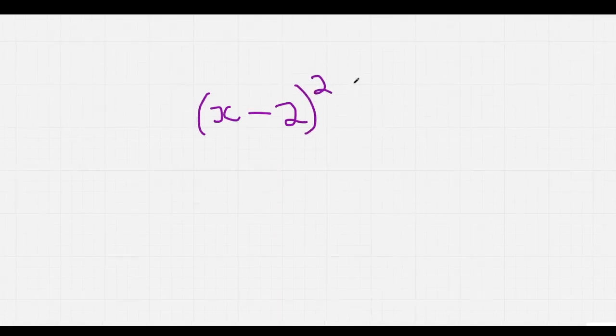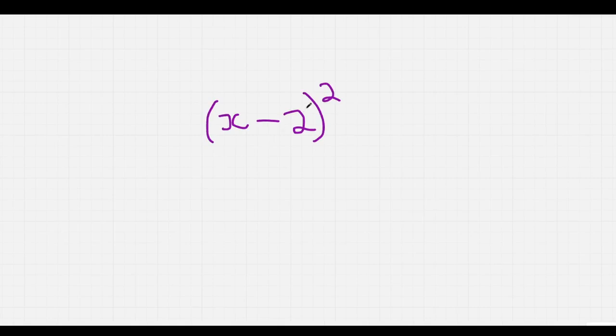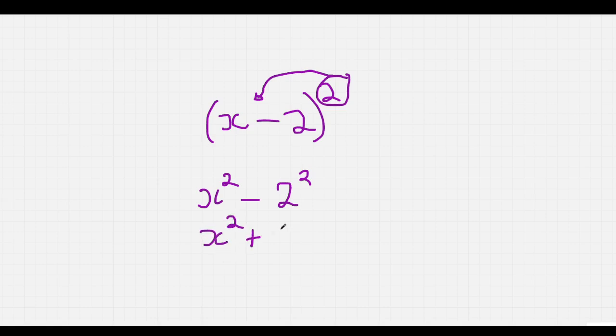What inevitably happens is that most students will go 2 times the exponent of x, which is x squared, minus the exponent of 2 here, which is 2 squared. Maybe when thinking about it they say, okay, this is minus minus, so minus 2 becomes plus, so they go x squared plus 4, and they're feeling really great about themselves because they thought about this.